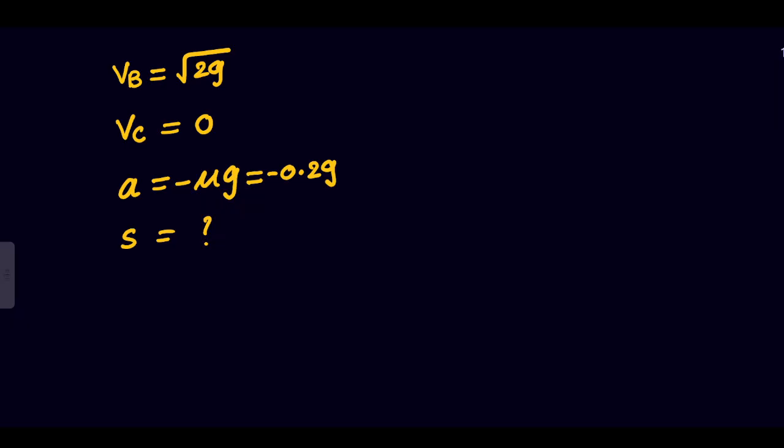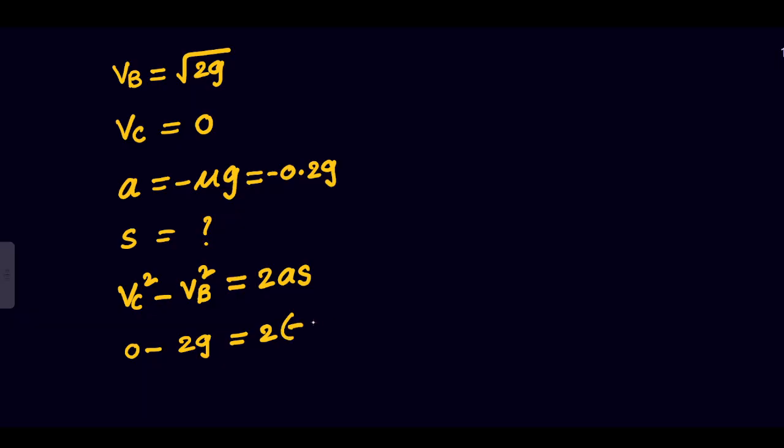Which equation will I use? The final velocity squared, Vc squared, minus the initial velocity squared, Vb squared, is equal to 2as. So the final velocity is 0, minus the initial velocity squared, 2g, equals 2 into minus 0.2 into g into s.